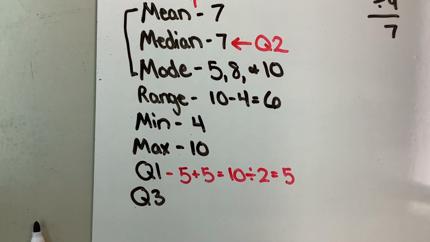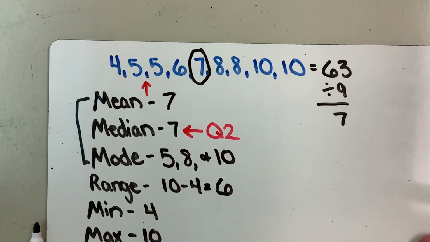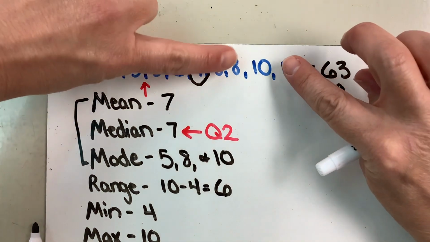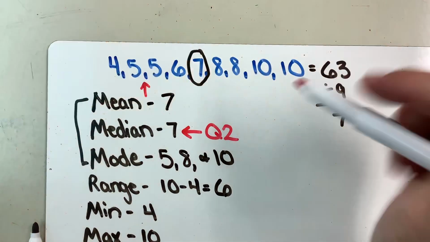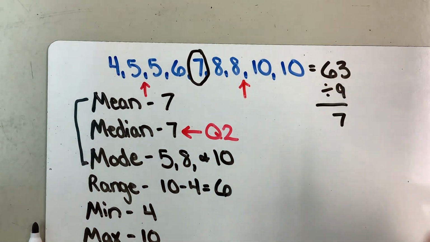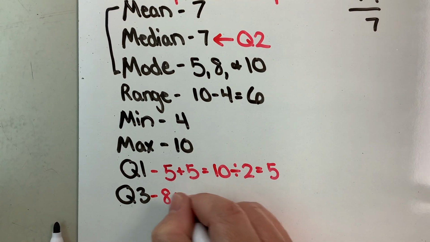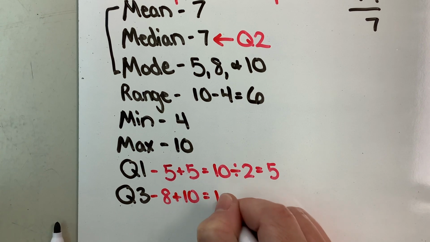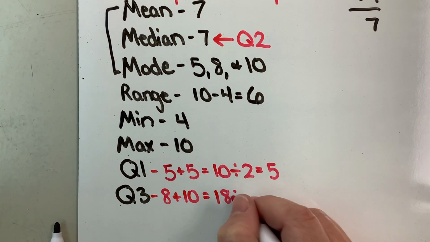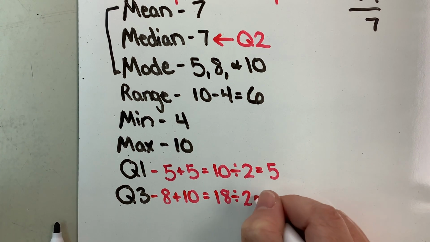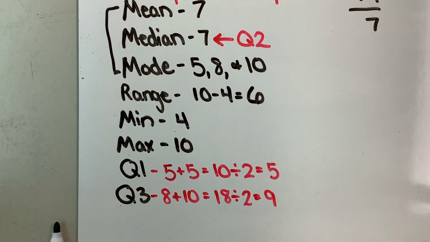So the Q1 is 5. The Q3, we take those 2, so it's going to be between the 8 and the 10. So we take 8 plus 10, which is 18, and divide by 2, and we get our Q3 is 9.